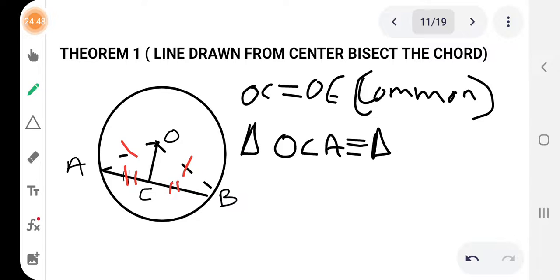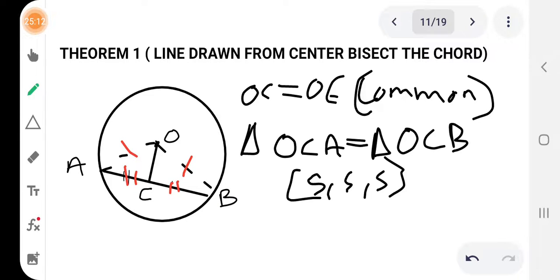Yes, this one is congruent or is equal. Remember, congruence, you say the two triangles are exactly equal. So triangle OCB. Your reason is going to be side, side, side.